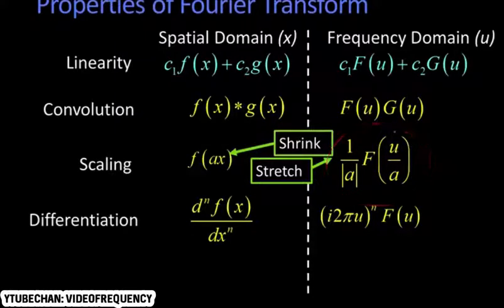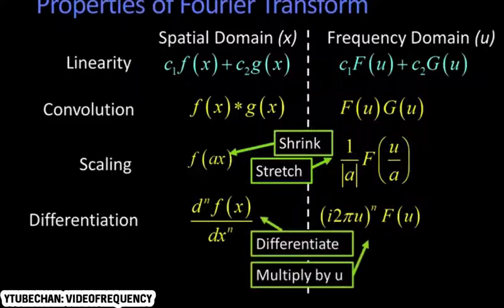One last one to look at, and we're not going to use this much, but I wanted you to see this: when you take the derivative of a function, so this is some nth derivative, you multiply its Fourier transform by a function that's proportional to the frequency. Suppose n was just 1, you're taking the first derivative.